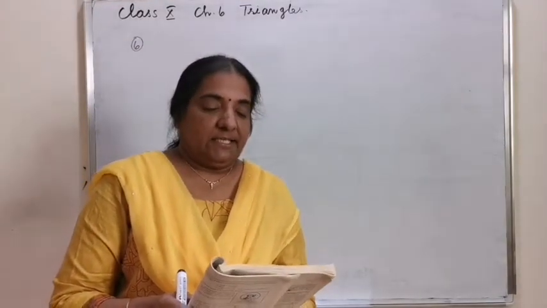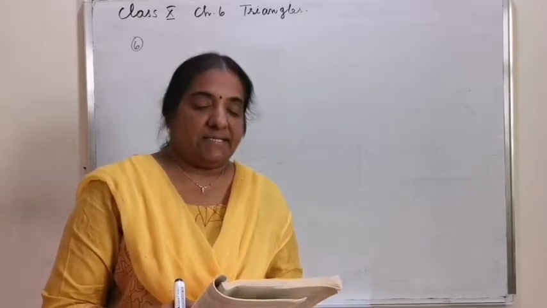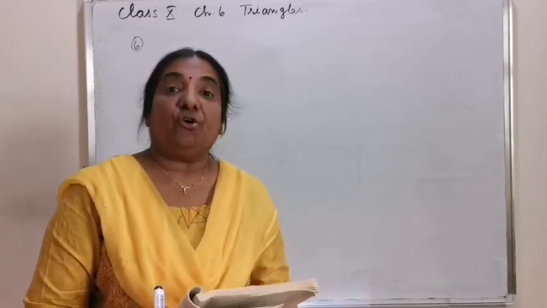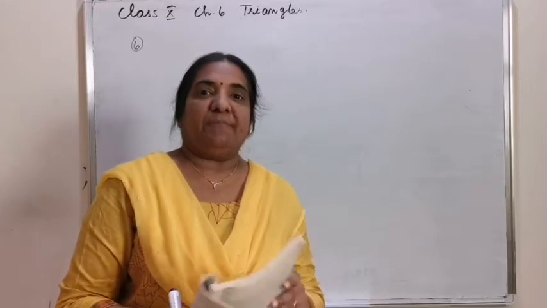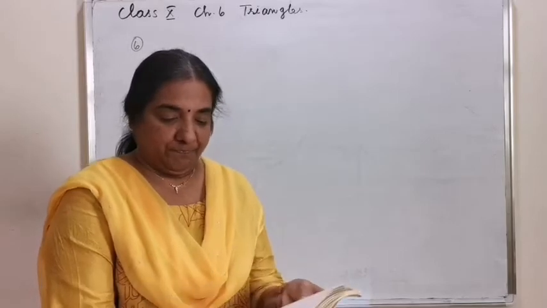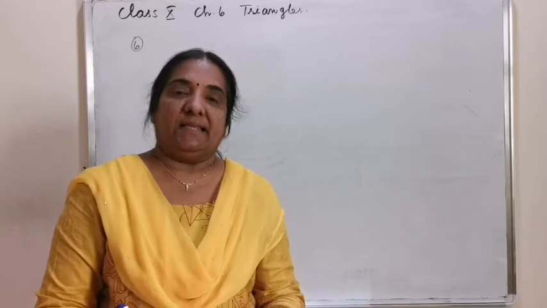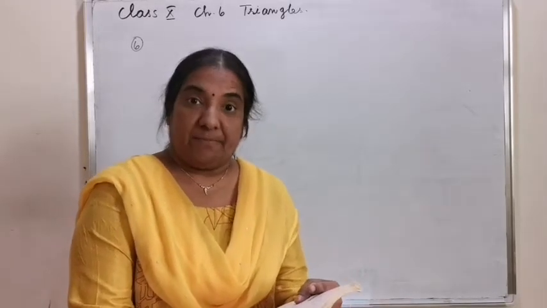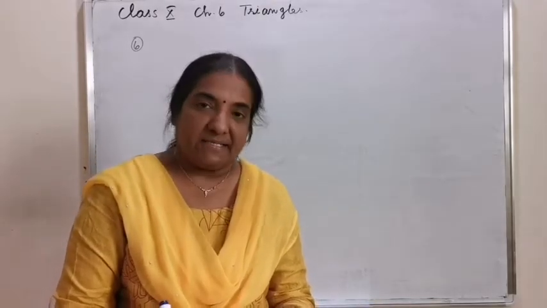Prove that the ratio of areas of two similar triangles is equal to the square of the ratio of their corresponding medians. If you remember exercise 6.3, question number 16, the last question, the proof was the same because they said already AD and PM are the medians.